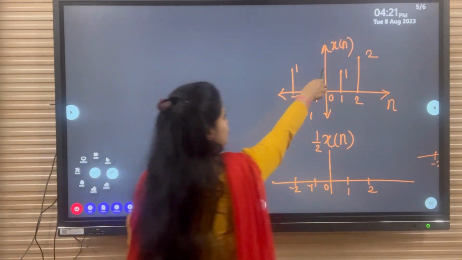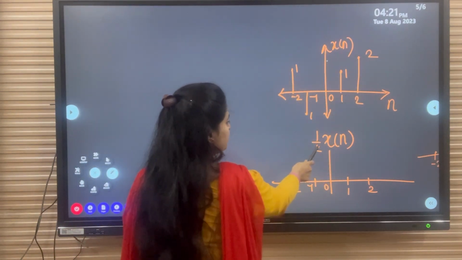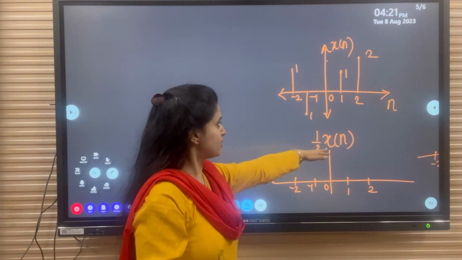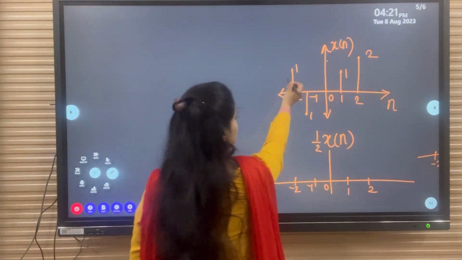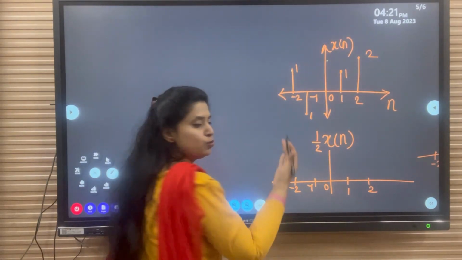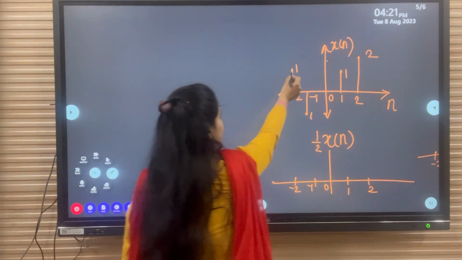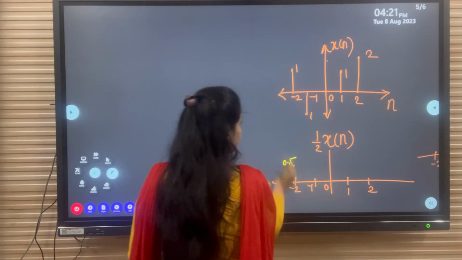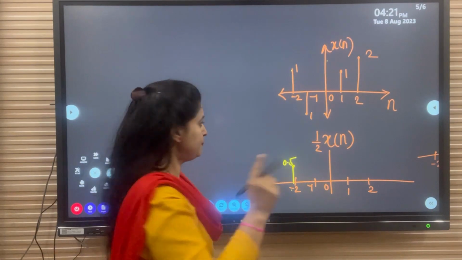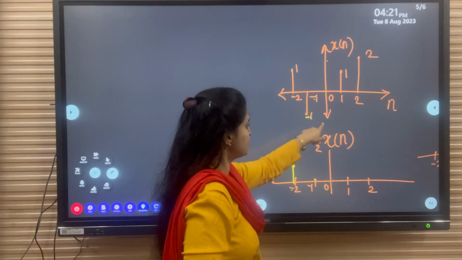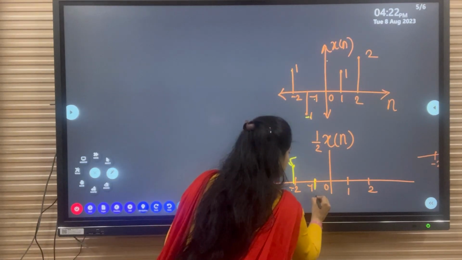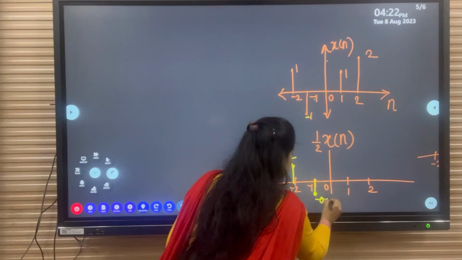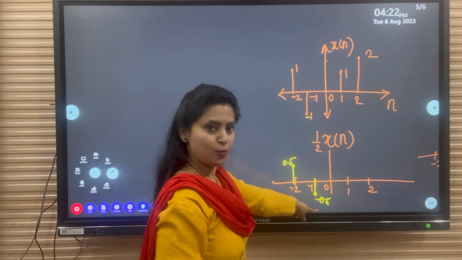So if the signal x of n is given like this way, and if we are performing 1 by 2 x of n, what you have to do, you have to divide that amplitude by 2. So this 1 by 2 will be 0.5. So here this is 0.5, at -2 will same, at -1 this is -1, so this is -0.5.